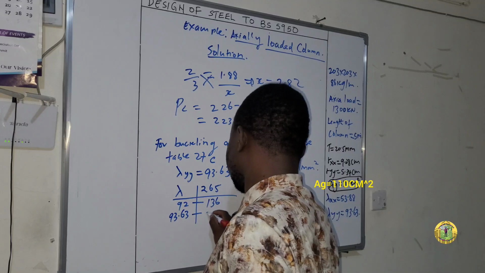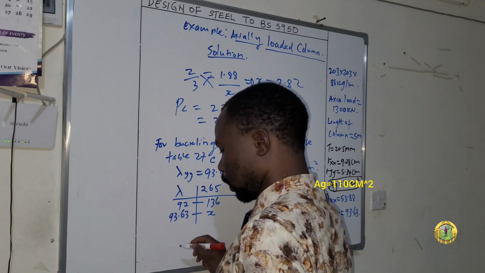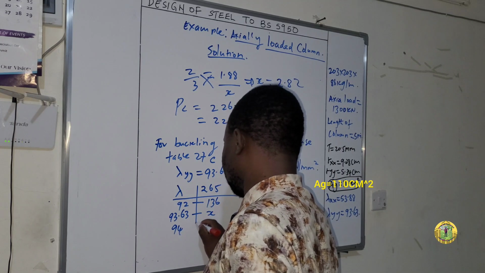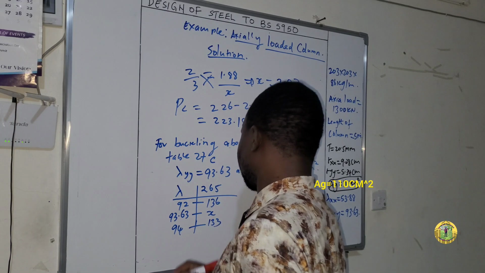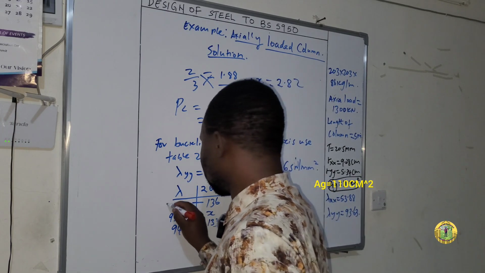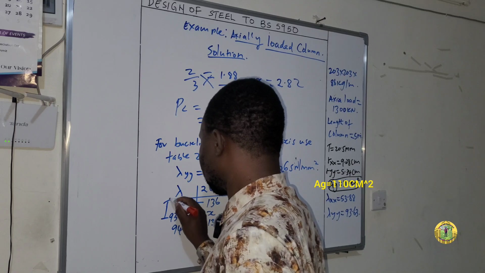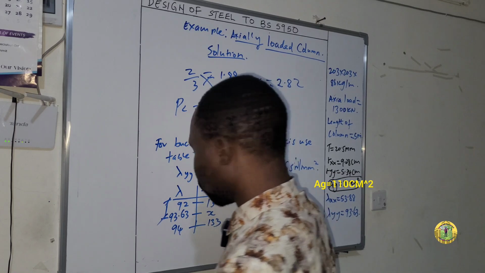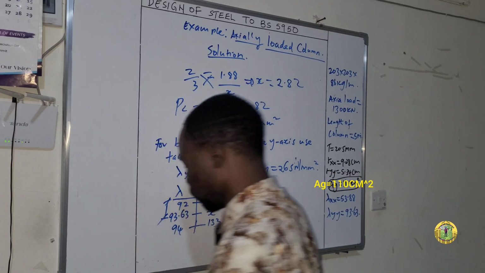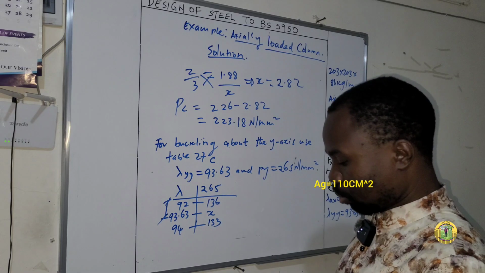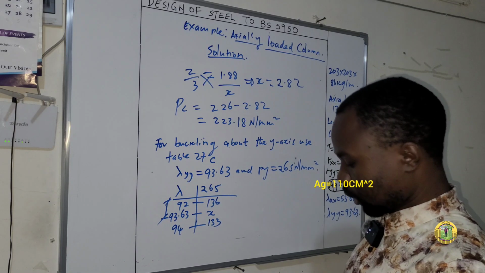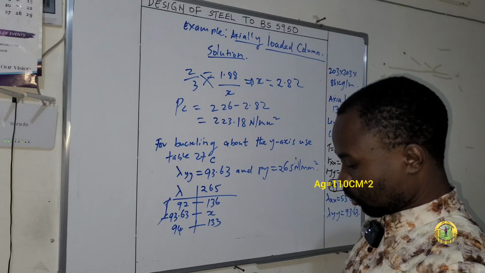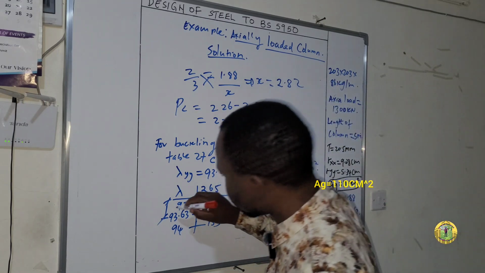This is x, and then 94 to 133. Again, we'll do the difference between these two. So 93.63 minus 92 is 1.63.